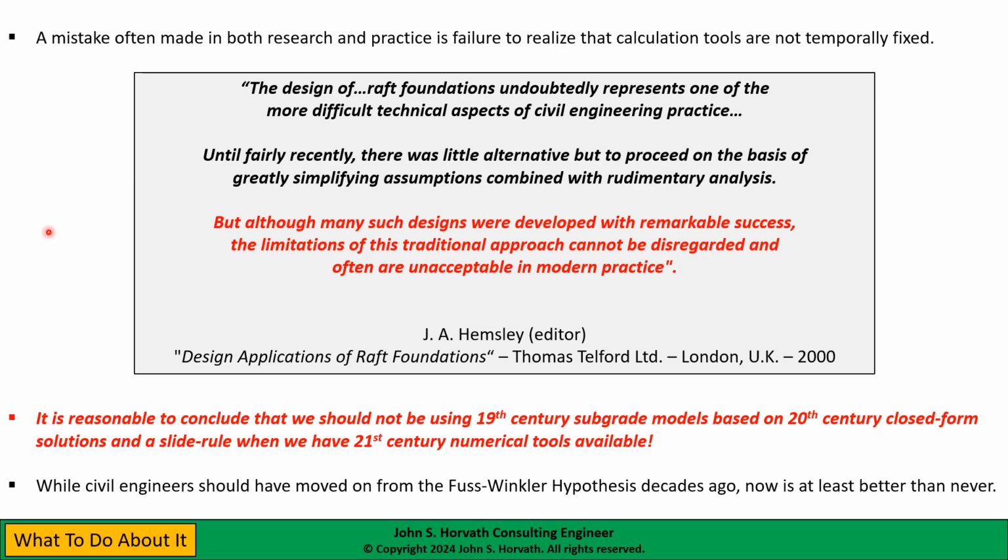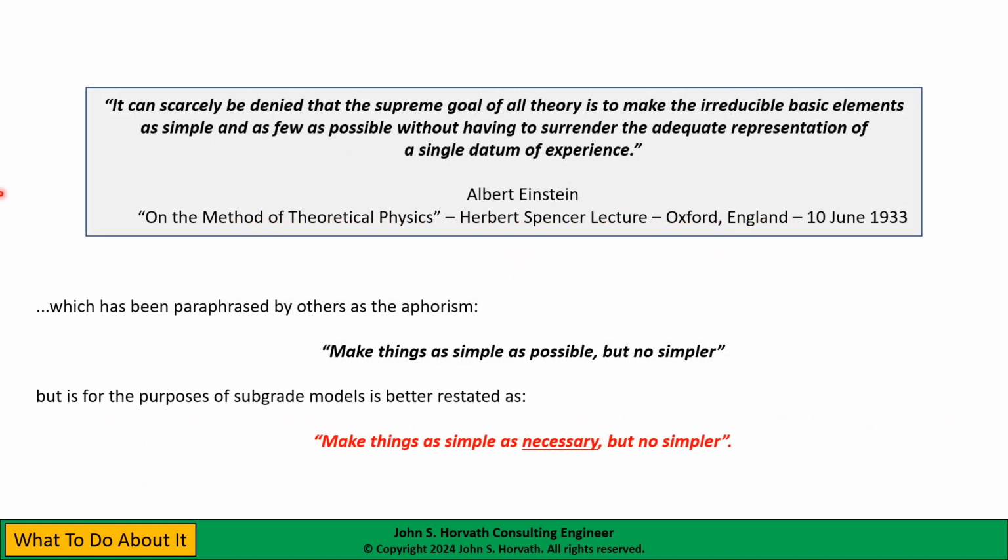We haven't, but at least if we move on now, it is better than never. As some guidance on how to do this, I'm going to modify a quote from Einstein. Basically, make things as simple as necessary, but no simpler.